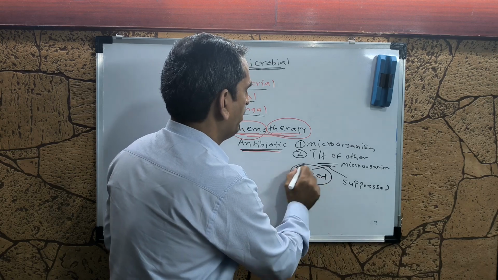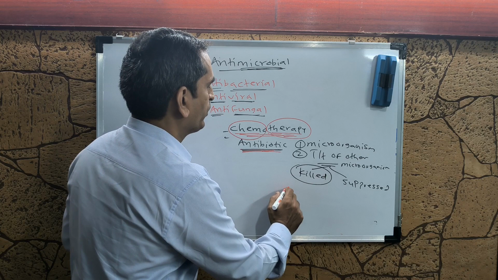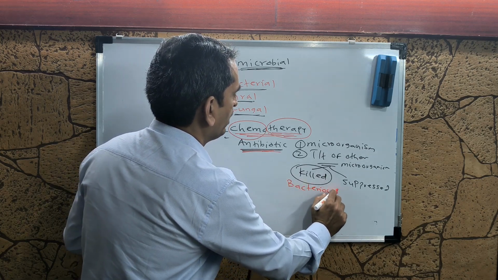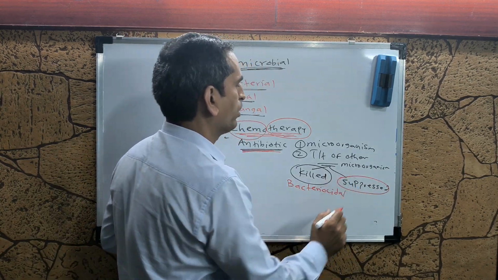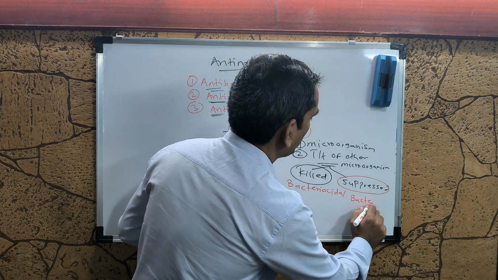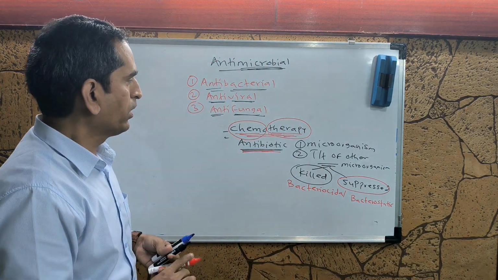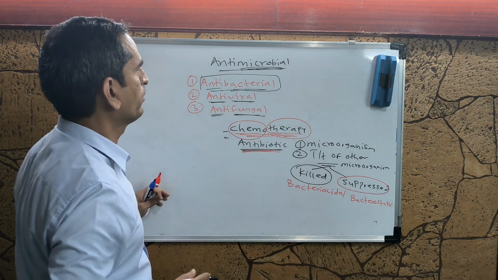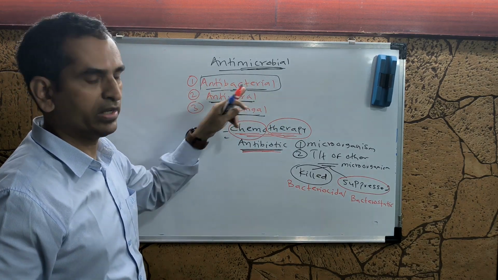If the microorganism is killed by the antibiotic, then it is called a bactericidal agent. And when the drug is able to suppress the growth of the microorganism, then it will be called a bacteriostatic agent. Now if you remember the definition we spoke about for antibacterials, that means any drug which is used for the treatment of infections caused by bacteria.